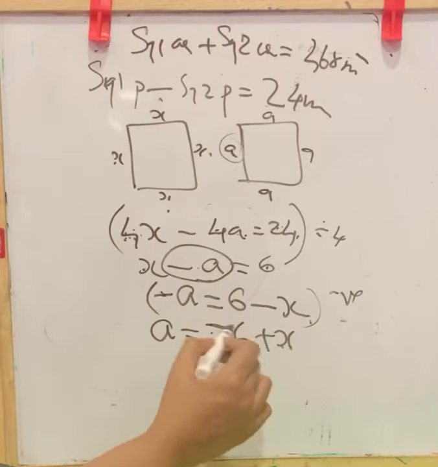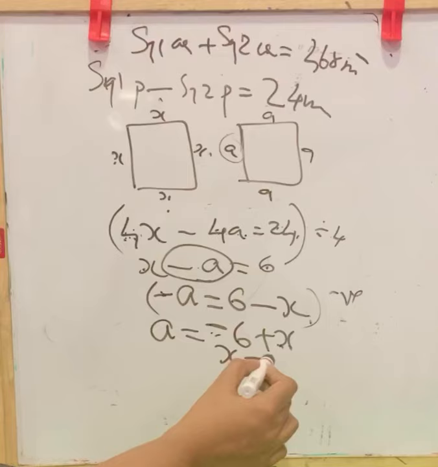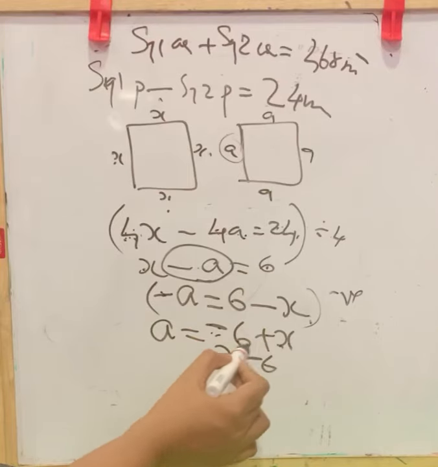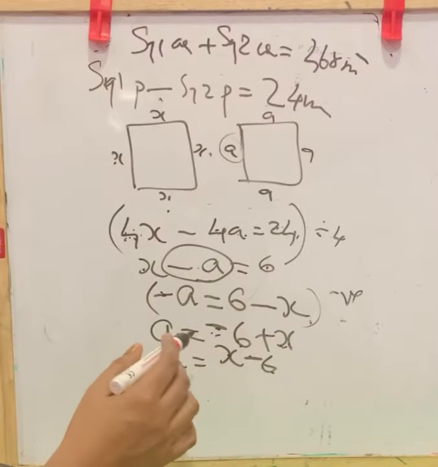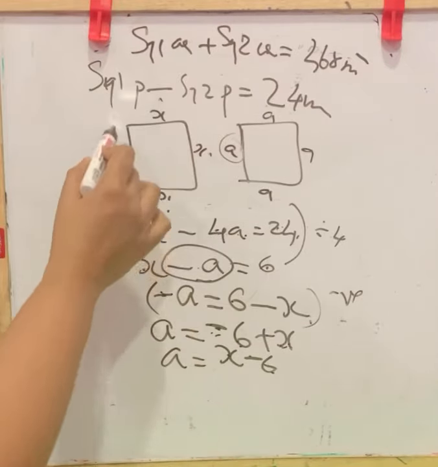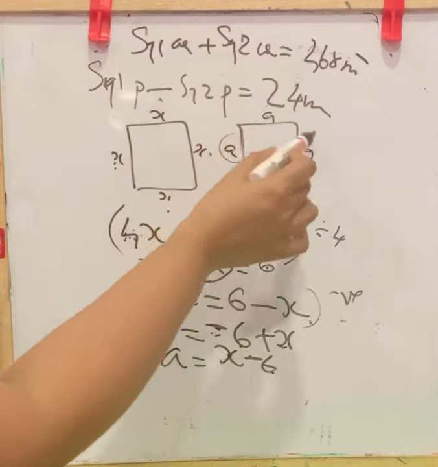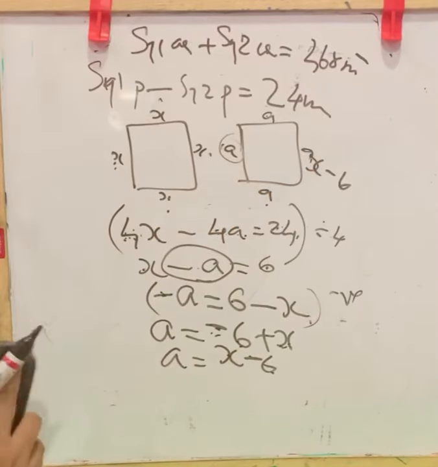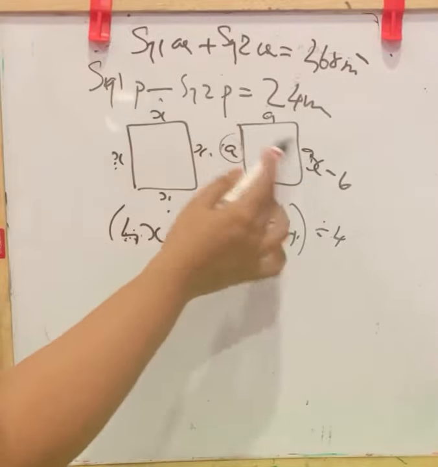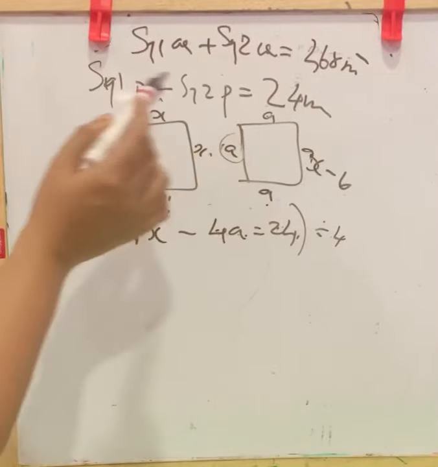We will rearrange this, that is x minus 6. Minus 6 plus x is x minus 6. A equal to x minus 6. So we got this square's side is x and the other square's side will be x minus 6. So these are the sides. This is x and this is x minus 6.